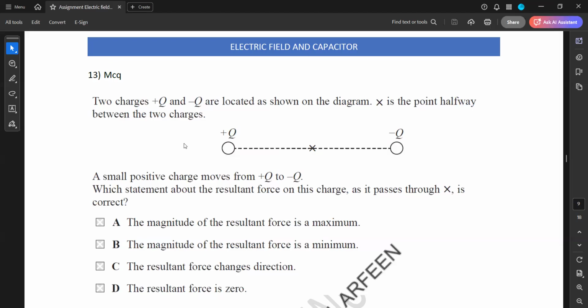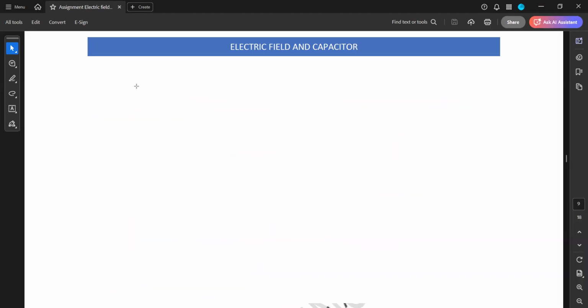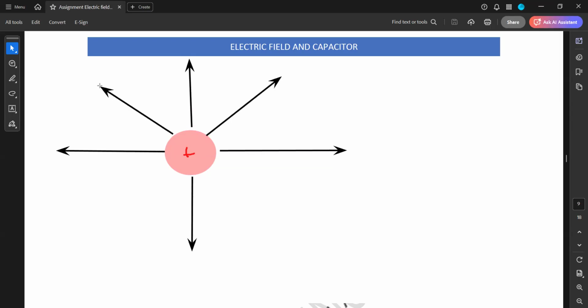That is why, if we have a positively charged point charge and we draw the electric field lines, and we say we are at position Q and moving away, what happens to the strength of the electric field?